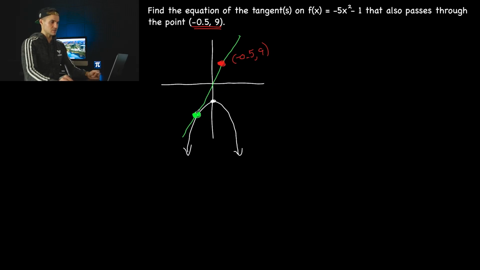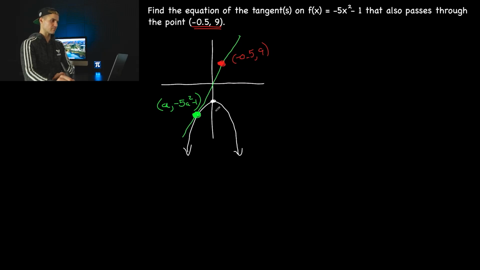Let's label this point A. This point is on the function, so if we have an x value of a, we know that the y value is going to be negative 5a squared minus 1, because the y value is defined in terms of x. If the x value is a, the corresponding y value is negative 5a squared minus 1.